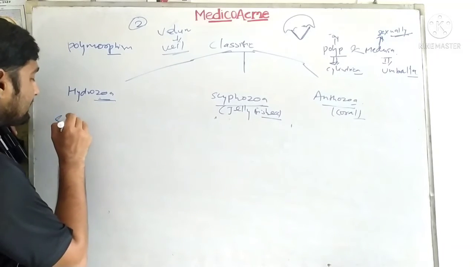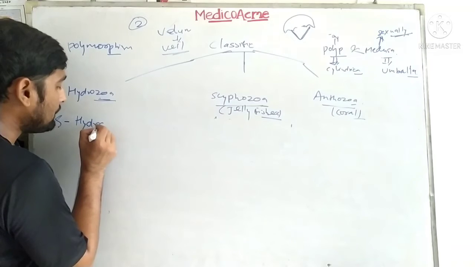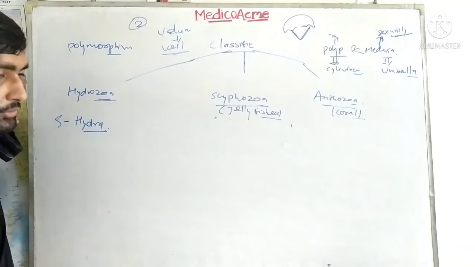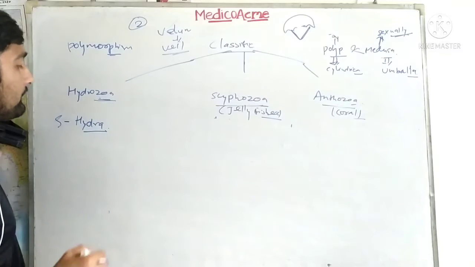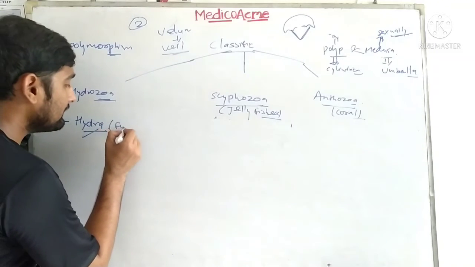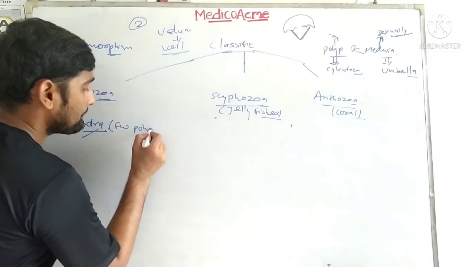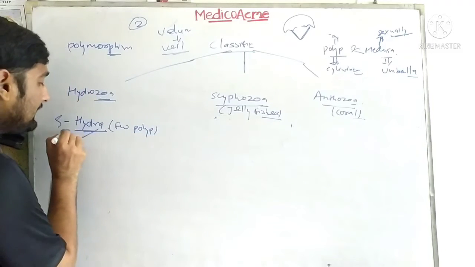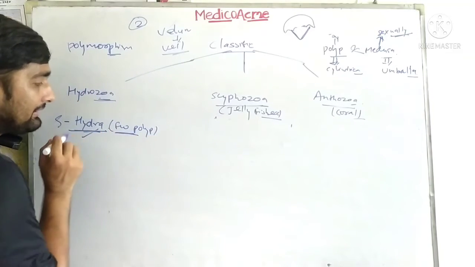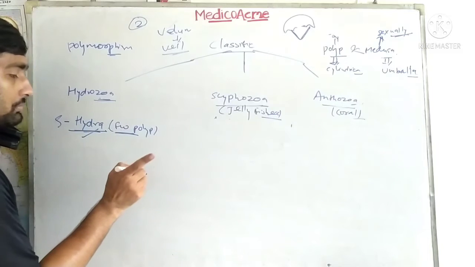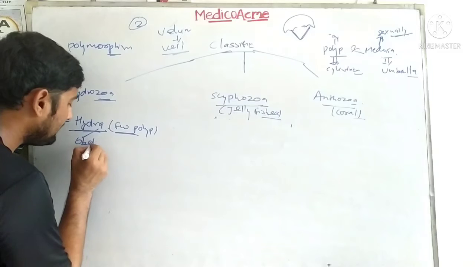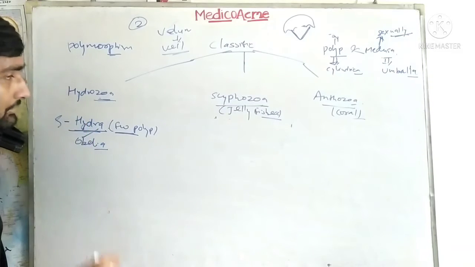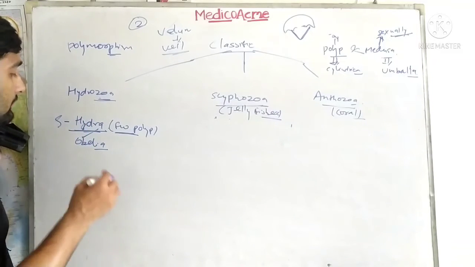So the first example will be Hydra. You all know Hydra is the most commonly known cnidarian, found in freshwater. So this is called the freshwater polyp. Okay. So guys, please remember the pet name and nickname both, because both are important. Second is Obelia. Obelia is very important when you are going to study metagenesis.